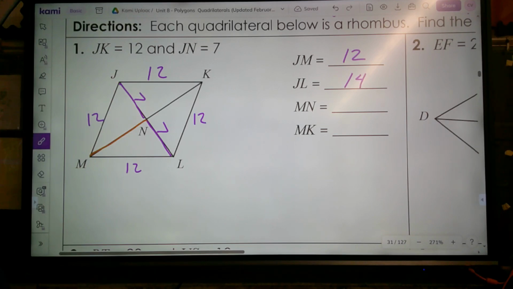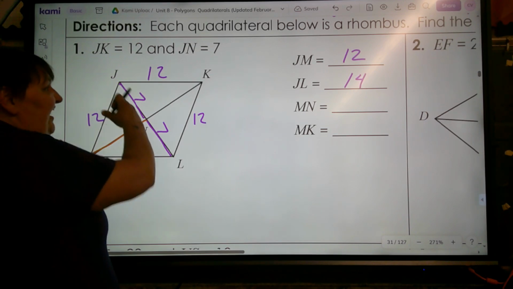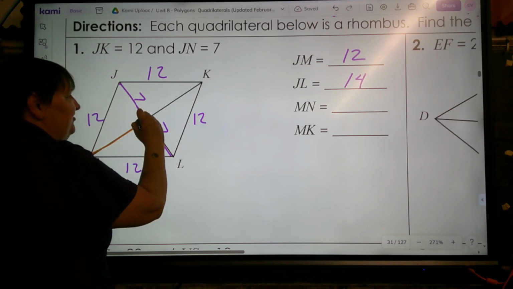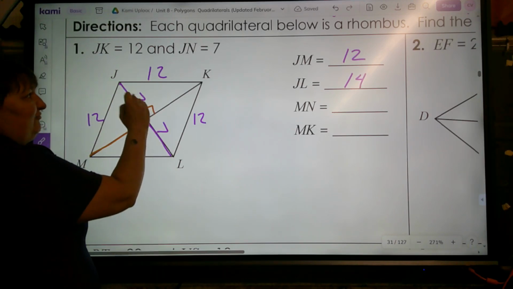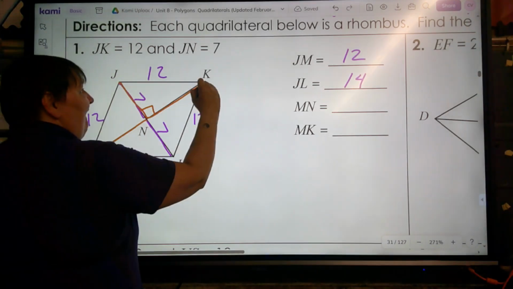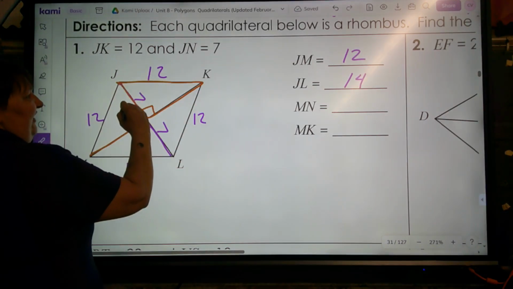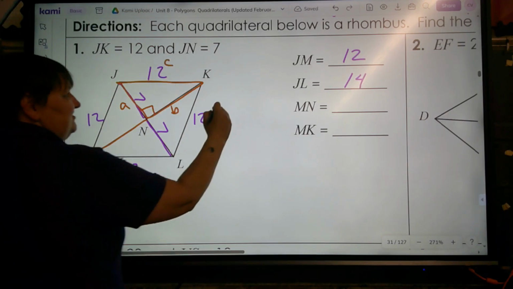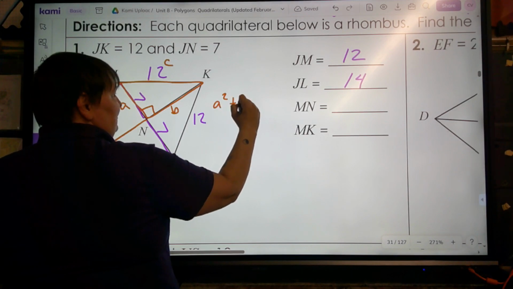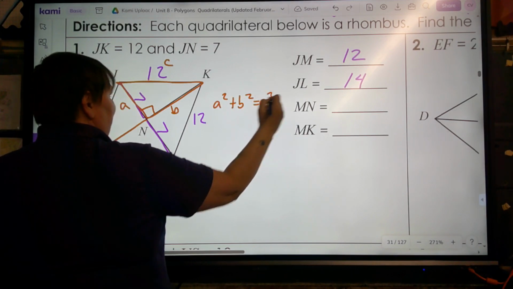Do we have any triangles we can work with? Well, we know that the diagonals are perpendicular, which means it creates a 90-degree angle. So we have a right triangle right here. We have A, B, and C.